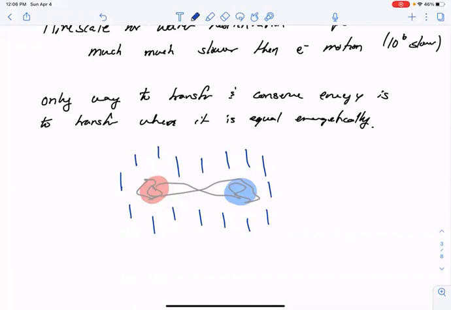This is essentially the Franck-Condon principle that separates generically electronic and nuclear motion.